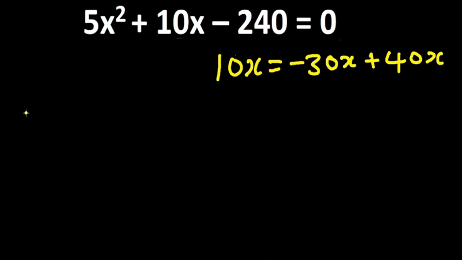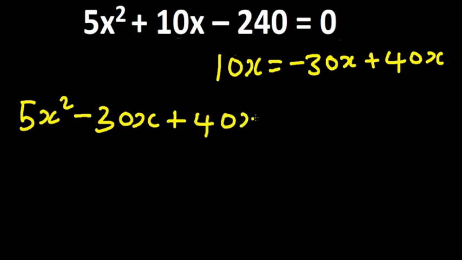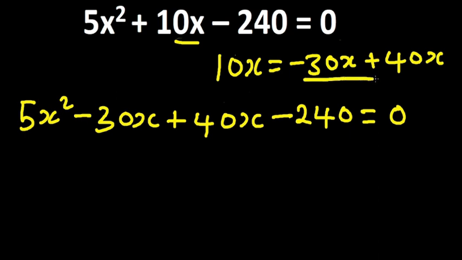Now we have 5x squared minus 30x plus 40x minus 240. So as you can see, what we did, we simply replaced 10x with negative 30x plus 40x. So now let's factorize it.